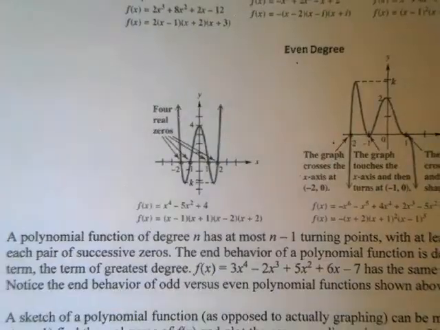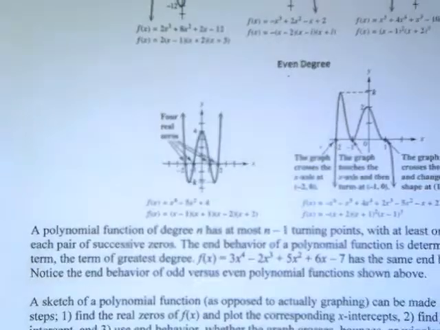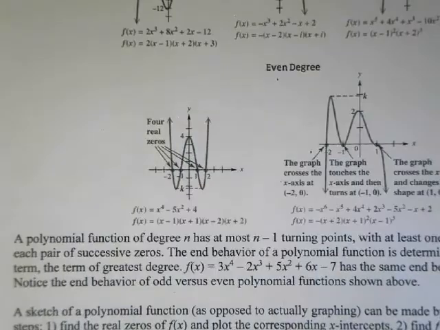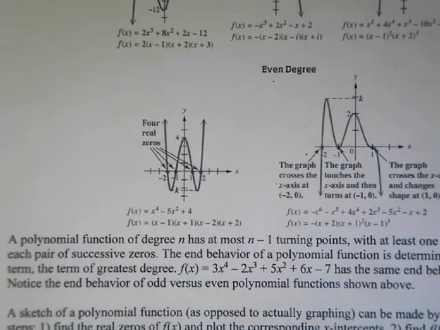Part of the point of this section is to show you patterns for what a graph will do at the different zeros depending on the multiplicity, but it also gives us a way to recognize or even graph or sketch a graph of a polynomial that has many terms in it if we know what the zeros are, without necessarily having to graph every single value on the graph, because we know that at certain points it's going to turn.